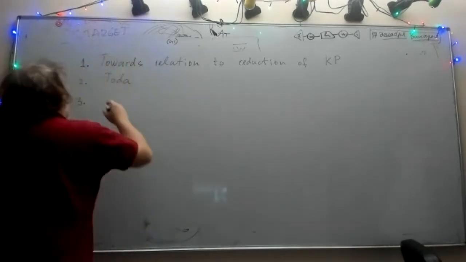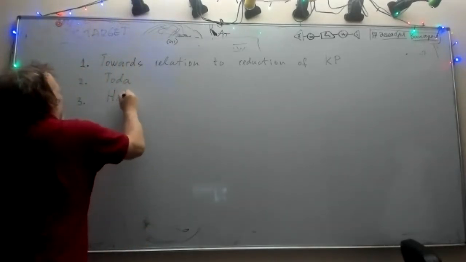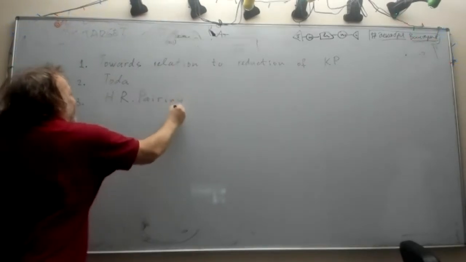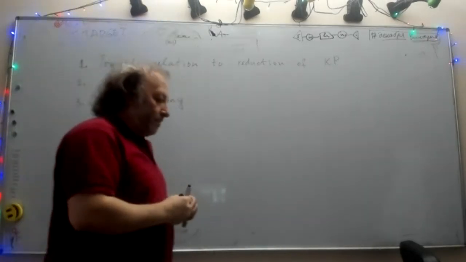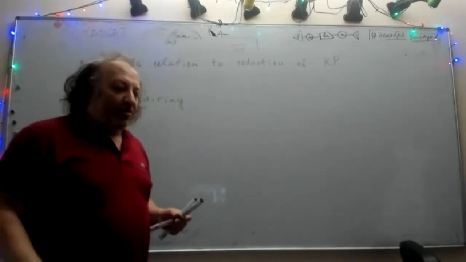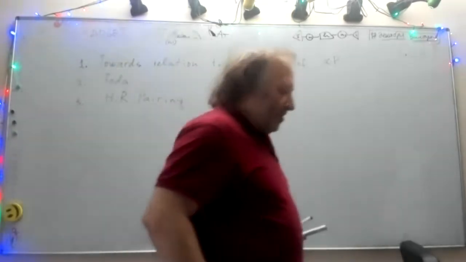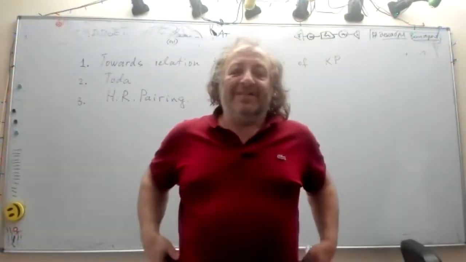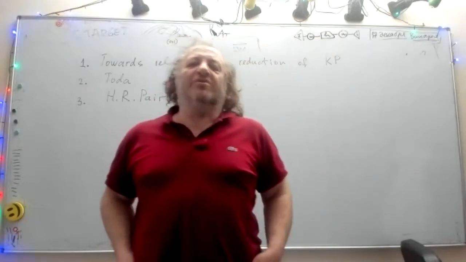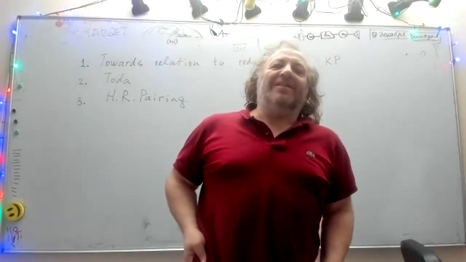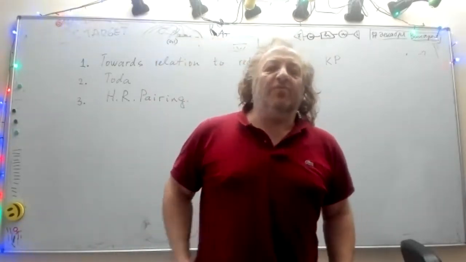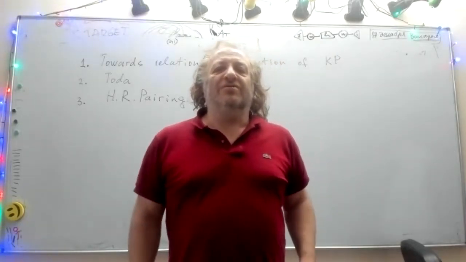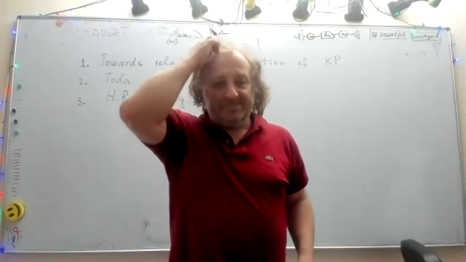And this point number 3 is the higher residue pairing. Because without higher residue pairing, it would not be clear, I mean, the formula that I'll write. So in order to write formulas and in order to understand things, we need to see the higher residue pairing.